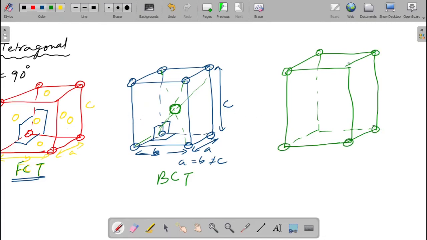If I have only 2 more atoms, one at the top and one at the bottom, then I'll have a base centered tetragonal. That is body centered, and this is base centered tetragonal. So that's also a possible Bravais lattice, but generally, you don't see that.